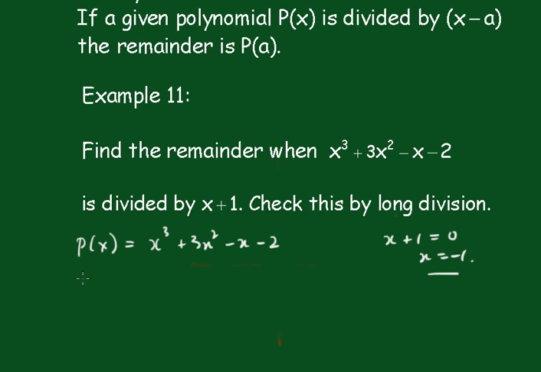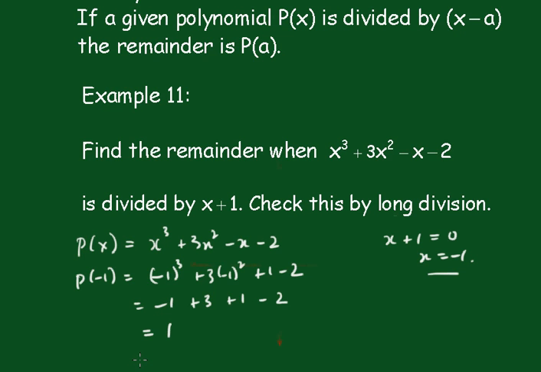Putting -1 in there, we get p(-1) equals (-1) cubed plus 3 times (-1) squared. So it'll be plus 1 minus 2, which is minus 1 plus 3 plus 1 minus 2. And you see that minus 1 minus 2 is minus 3. That goes out, and you get the remainder of 1.